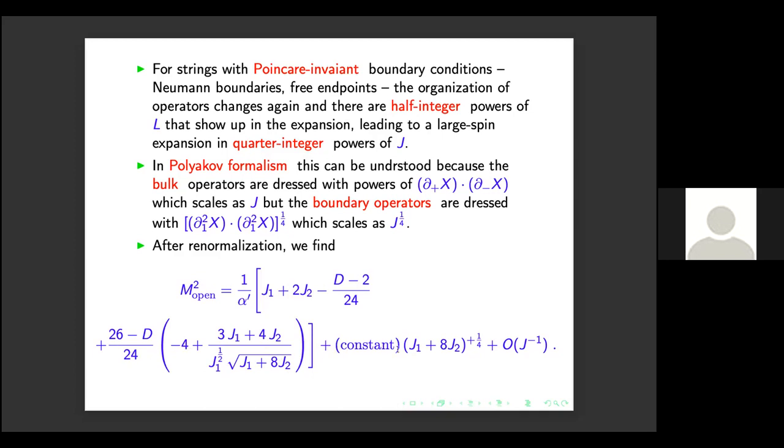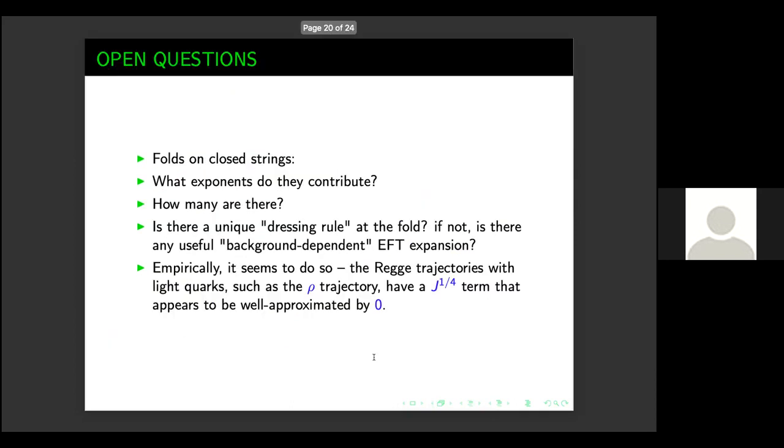And then you also have an adjustable constant, an unknown Wilson coefficient, times this particular combination of angular momenta, and this Wilson coefficient corresponds to a sort of renormalized mass, highly renormalized mass of a quark at the endpoint, if you like. I mean, there are millions of things that contribute to it. It doesn't canonically correspond to a quark mass in any sense, but quark mass contributes to it.